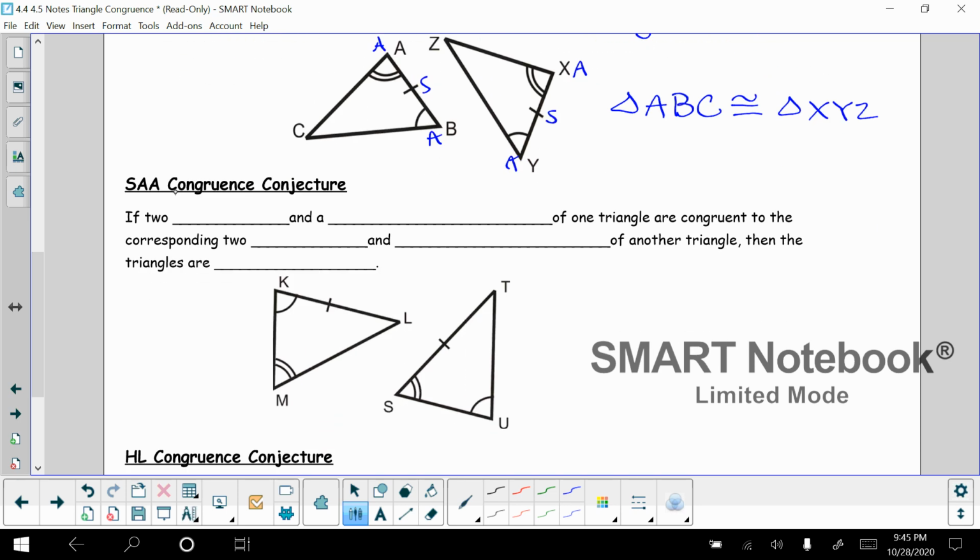I'm pretty sure you can tell what that's going to stand for. A side angle angle pattern, okay, congruence conjecture.